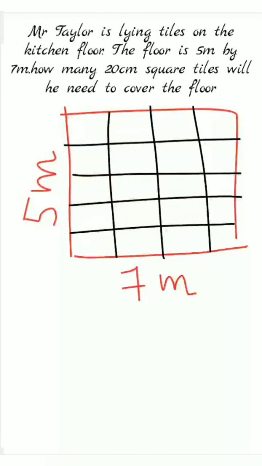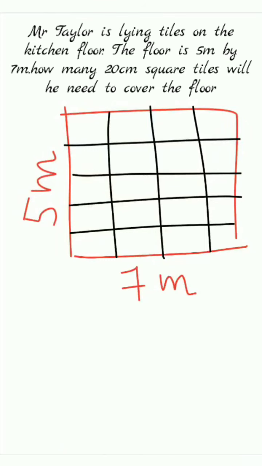After covering the floor using the small tiles, we will get the floor like this. So here we can see that the square is being divided into equal parts, equal squares having the same area. So to find out the number of tiles required, we need to find out how many parts are there in total.